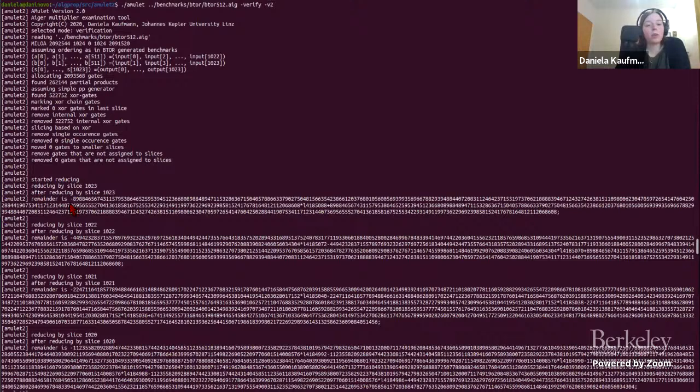And we always print the result after the reduction by one slice is finished. So this is now the intermediate polynomial after reducing by the first slice. And what you see here is that we actually really deal with quite large coefficients in these polynomials, because we really need to encode 2 to the power 1023.